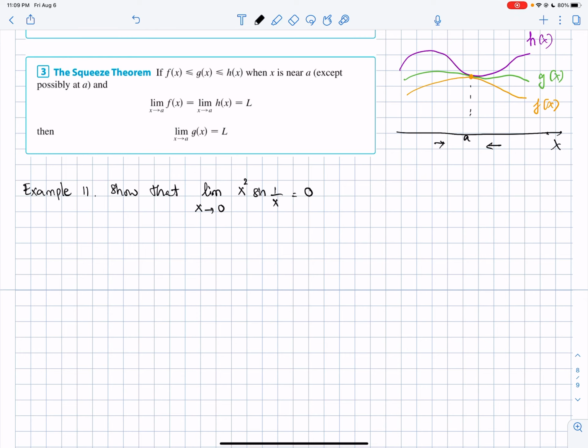For example number 1, we want to show that the limit of x squared times sine of 1 over x when x approaches 0 equals 0.